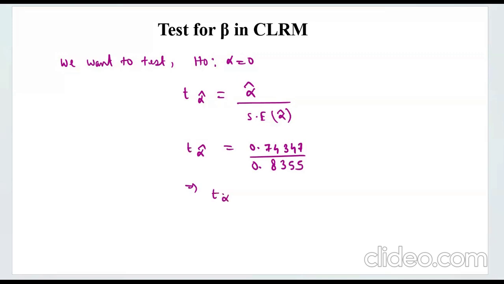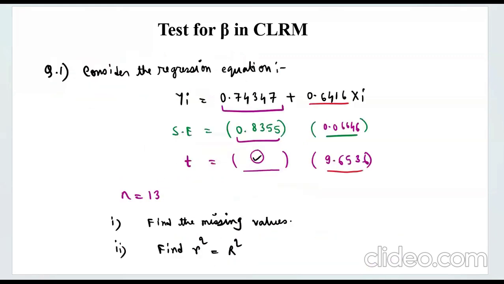So T alpha cap would be simply, if you divide, 0.8898 something. This is the approximate value. So our first portion of the question is done, and the missing values are done.